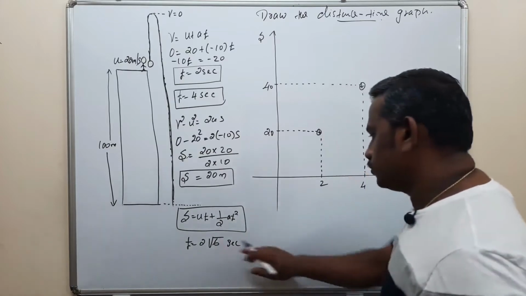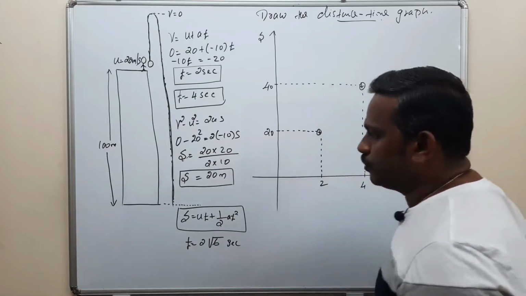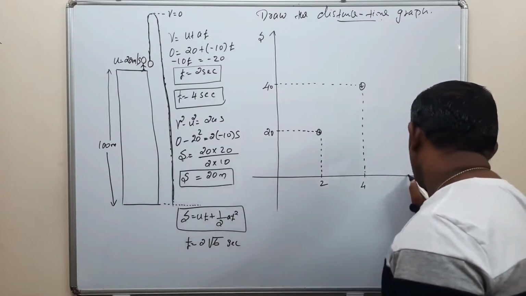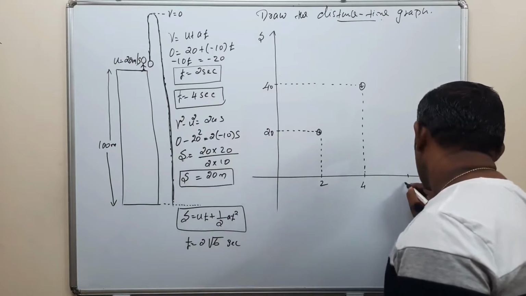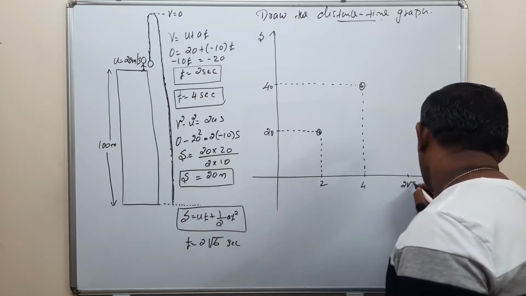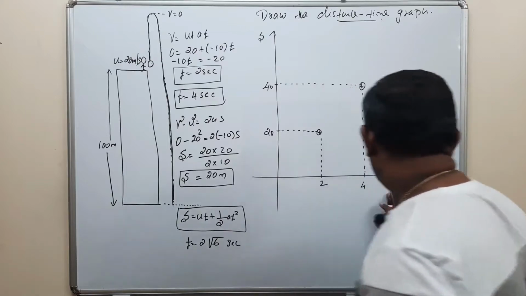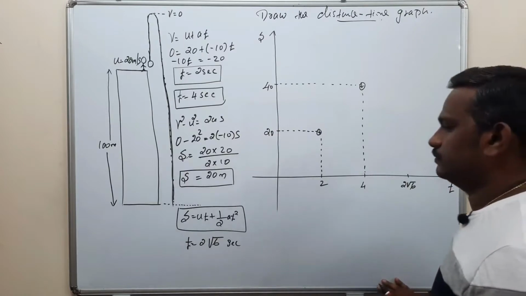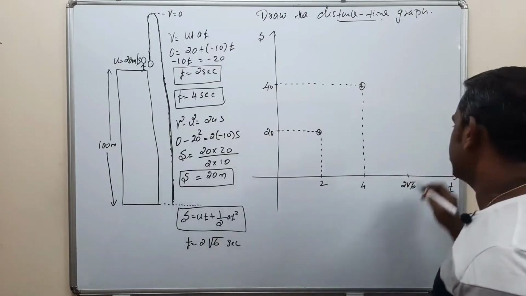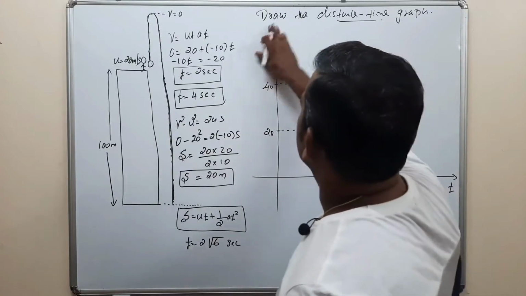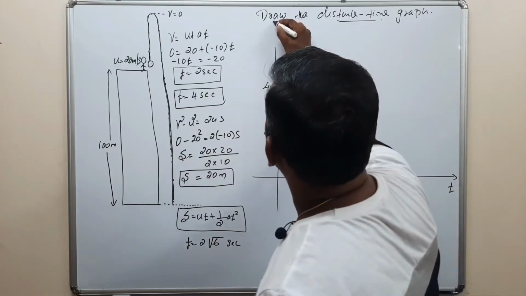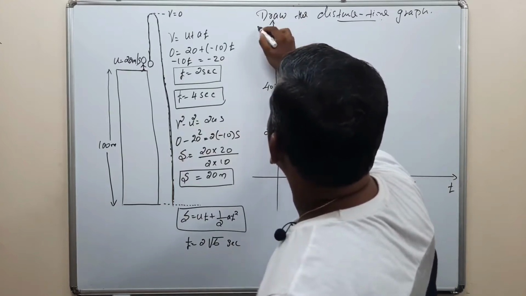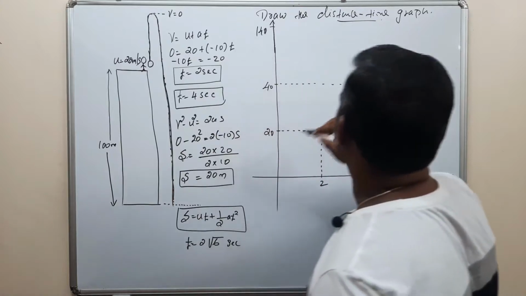When time t is equal to 2 root 6 seconds, the distance traveled by the ball is 140 meter.